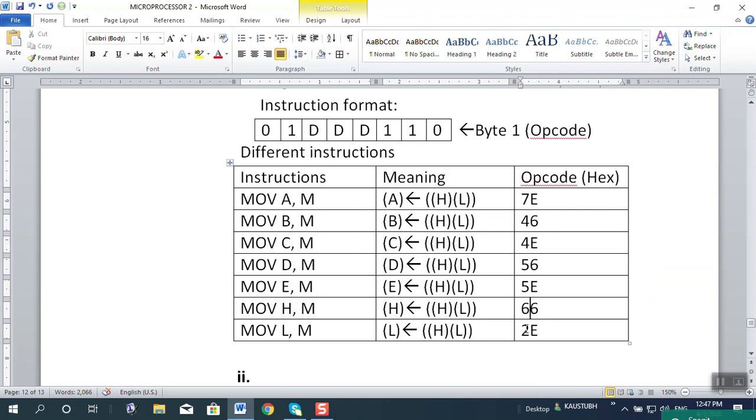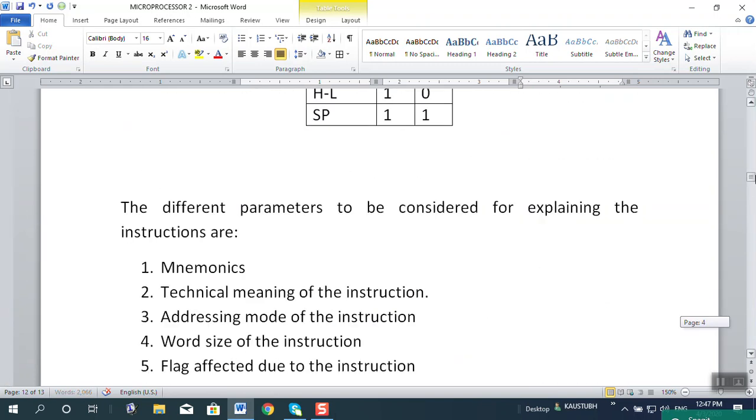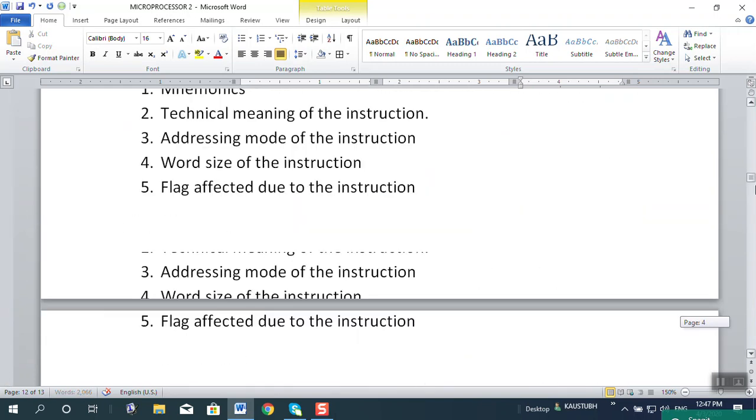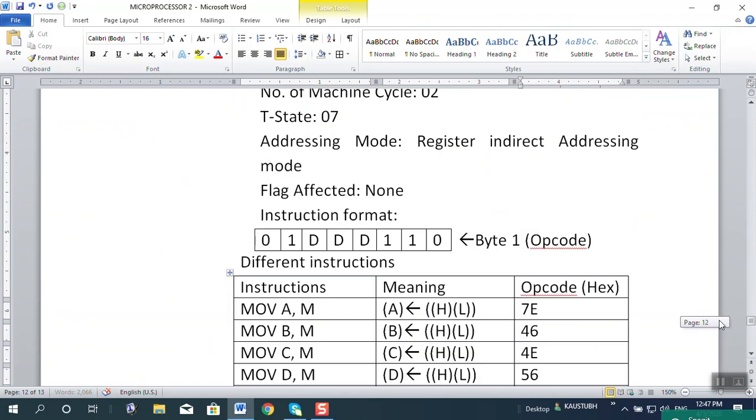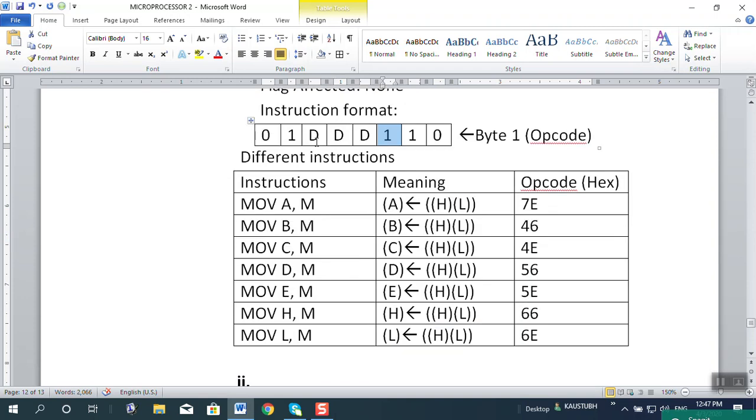then 66, then 6E, because H is, what is H? H is 1 0 0, so H is your 1 0 0.